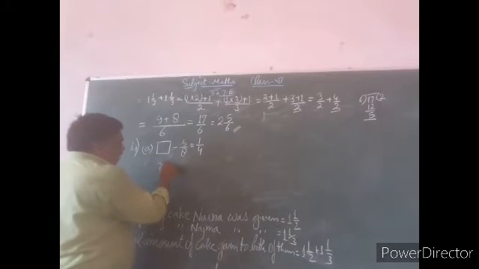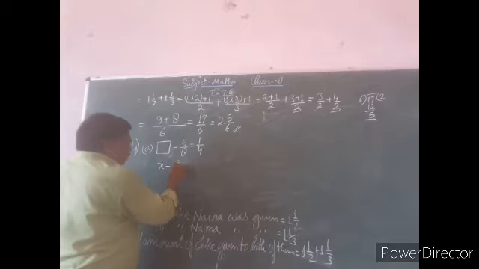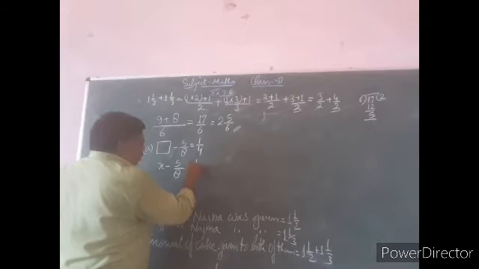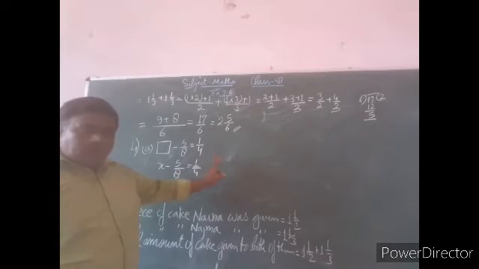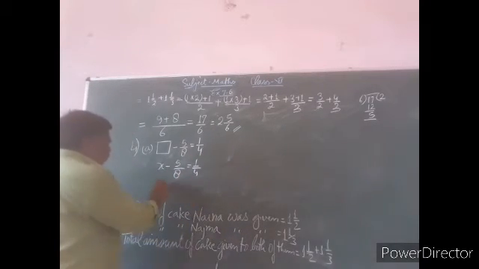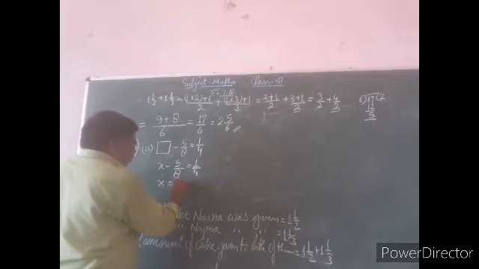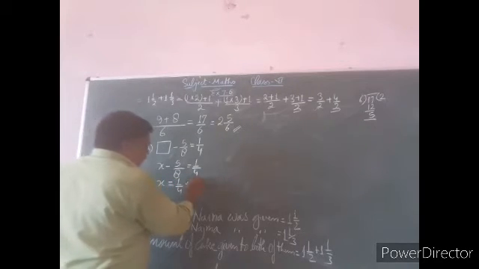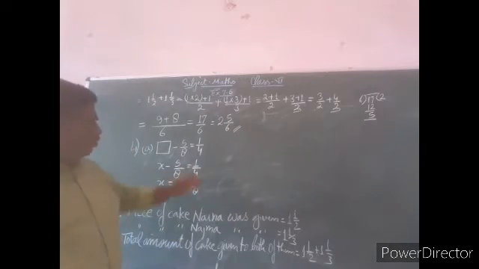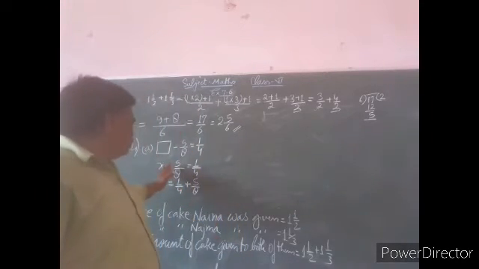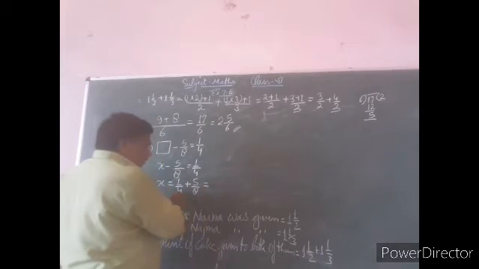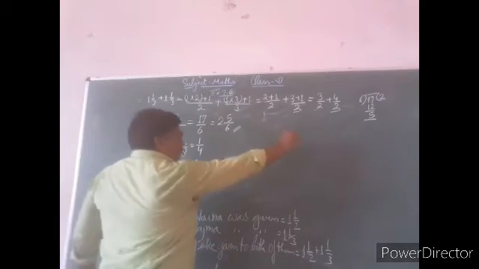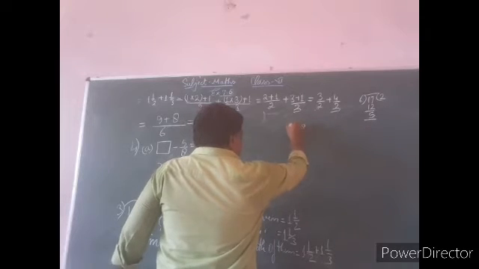So x minus 5 upon 8 equal to 1 upon 4. 5 upon 8 transpose to other side, you will get x is equal to 1 upon 4 plus 5 upon 8. When we transpose any term or fraction, the sign is changed. So now take the LCM of 4 and 8.